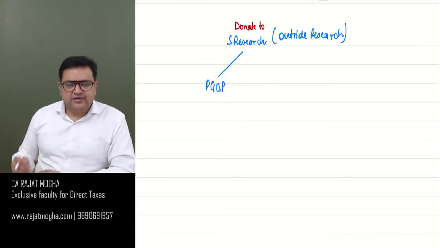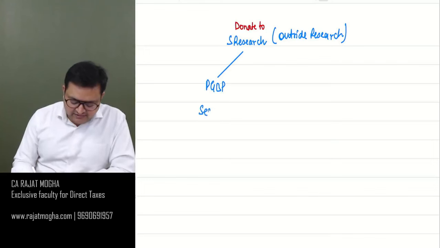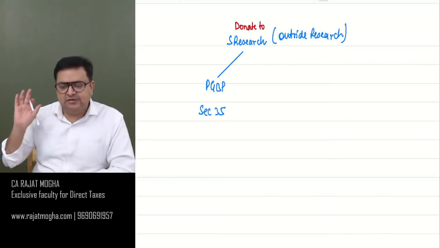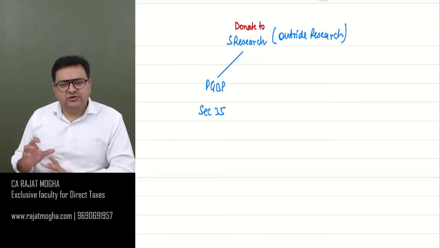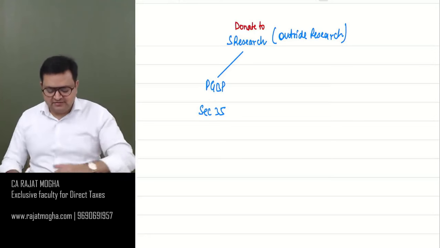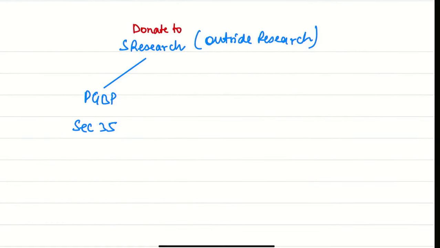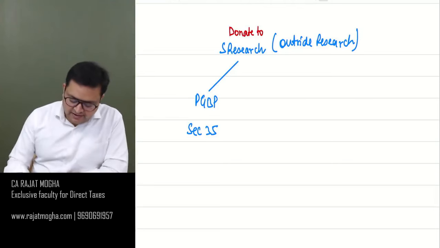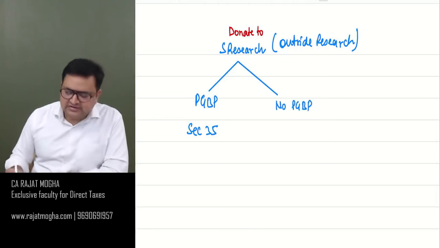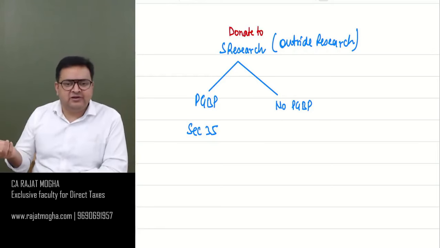If we have a PGBP income and we have given a donation for outside research, we get this deduction under section 35 of PGBP. Although it is not 100% a business expense, it is still regarded as a business expense. But let's say there is a person who does not have PGBP. Can he also donate to IIT, National Laboratory, or any other institution?